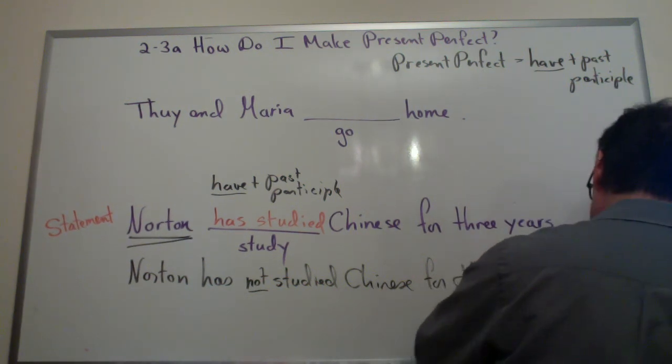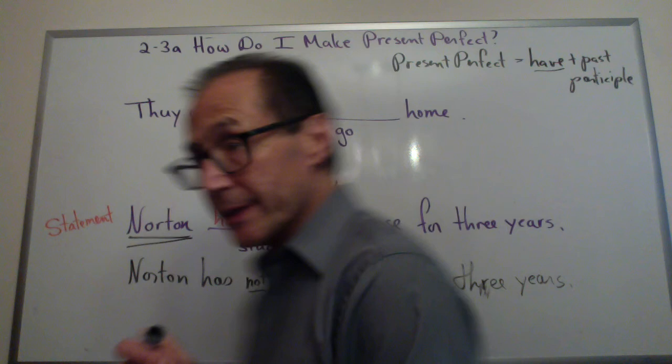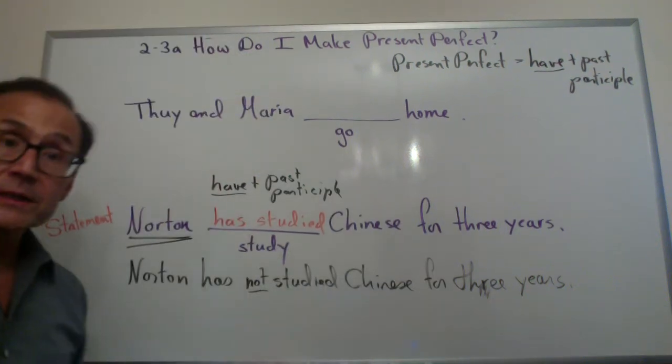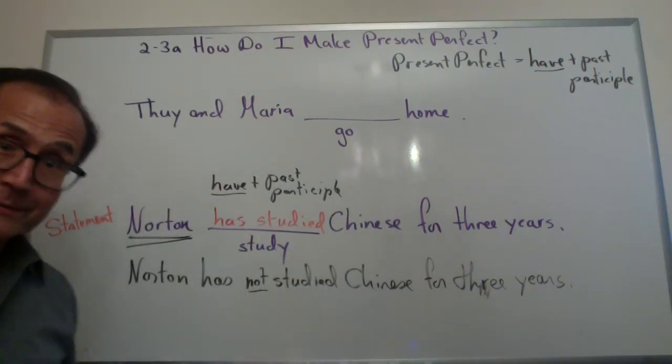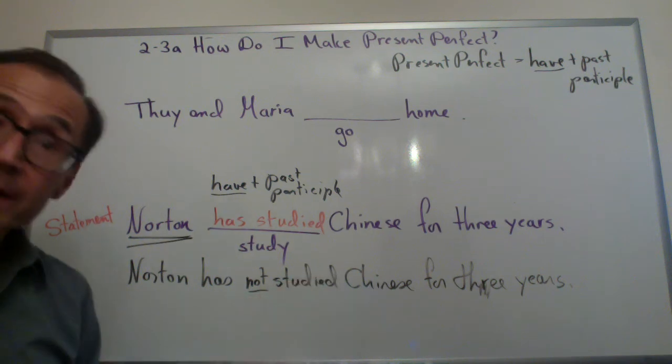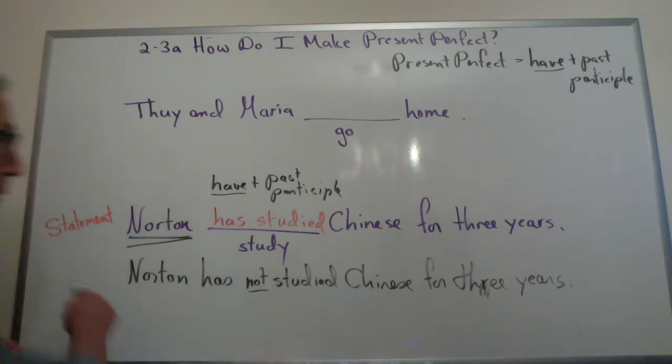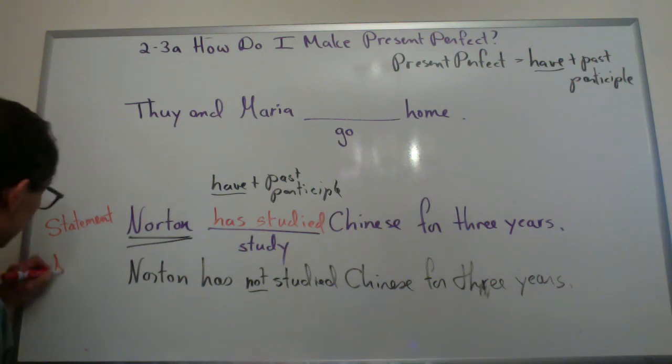So, he has not studied Chinese for 3 years. Maybe he has studied Chinese for 4 years. Or maybe he has studied Vietnamese for 3 years. But we know that he has not studied Chinese for 3 years. And that's a negative statement.